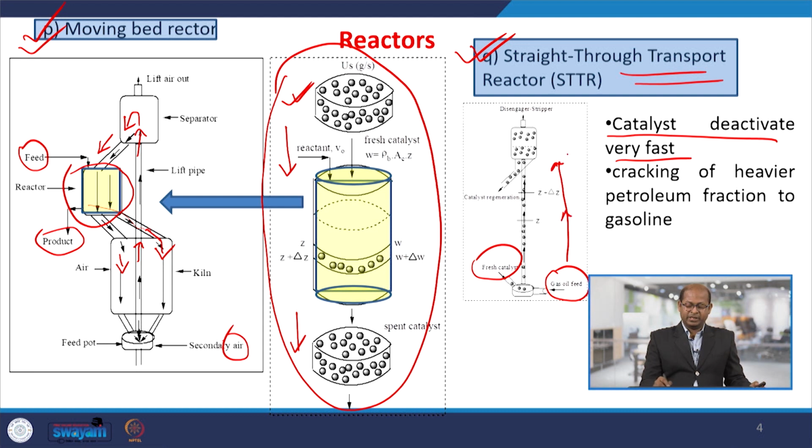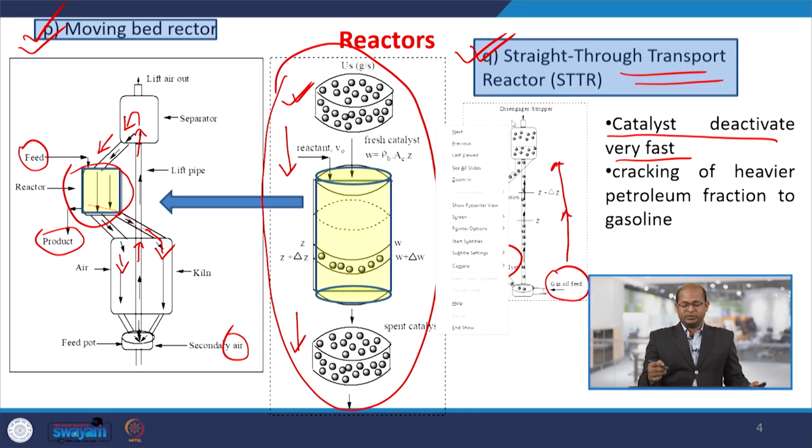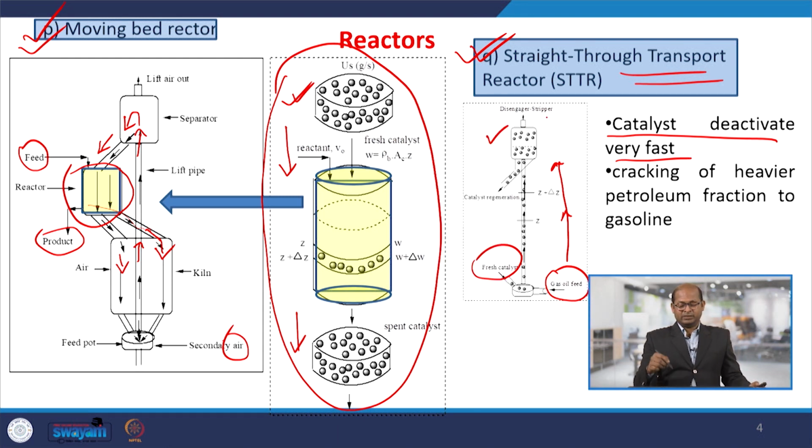Through that tube, reactants and catalyst come in contact and maintain a particular temperature, and then they react in that tube. The product gases come out, and a disengaged stripper is there where they are separated, and the catalyst comes down from the bottom and is sent back to the regeneration unit.